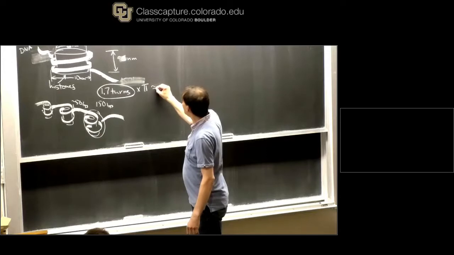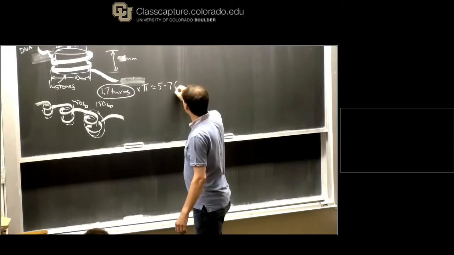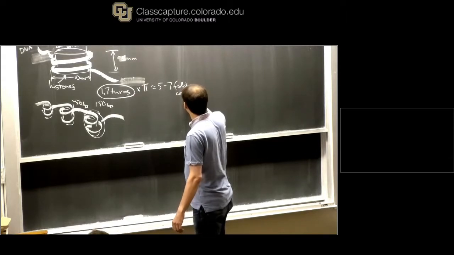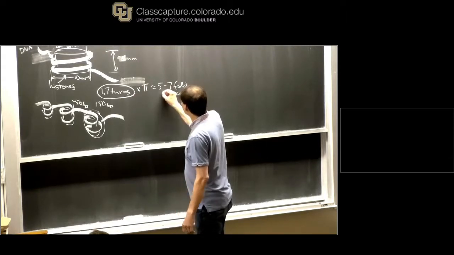So this gives us about 5-7-fold linear compaction.